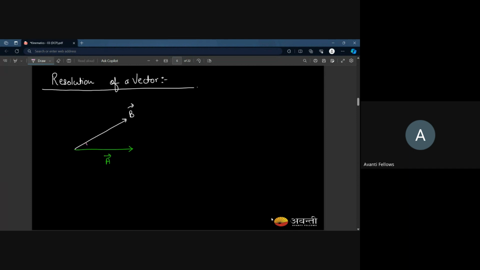The angle in between these two vectors is theta. Now, how can you resolve this vector? See, resolution of a vector is nothing but getting the components of a vector. So we will consider the Cartesian coordinate system as the standard one. You know what the Cartesian coordinate is? This thing: x-axis, y-axis, x prime, and y prime.